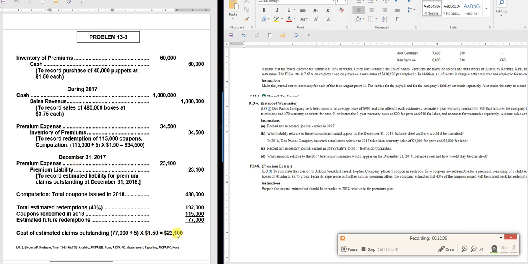So again, the matching principle says I need the premium expense in the same year I have the sale. Some people would have just done premium expense for the whole thing and then premium liability for the whole estimate, and then when people cash them in, debit the premium liability and credit inventory premiums. So I think that's it.